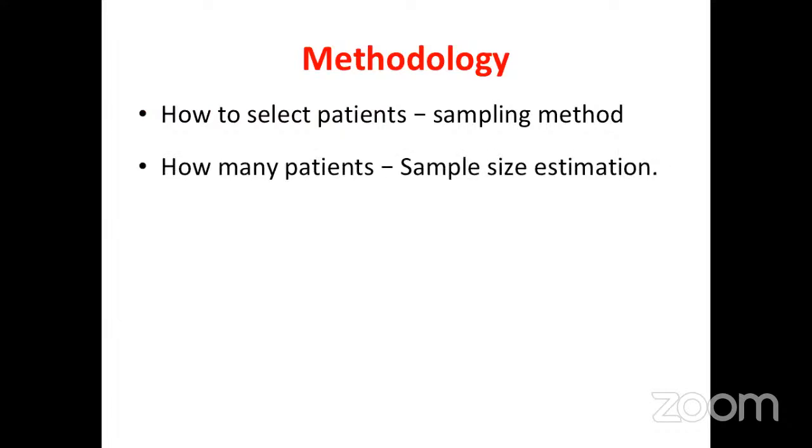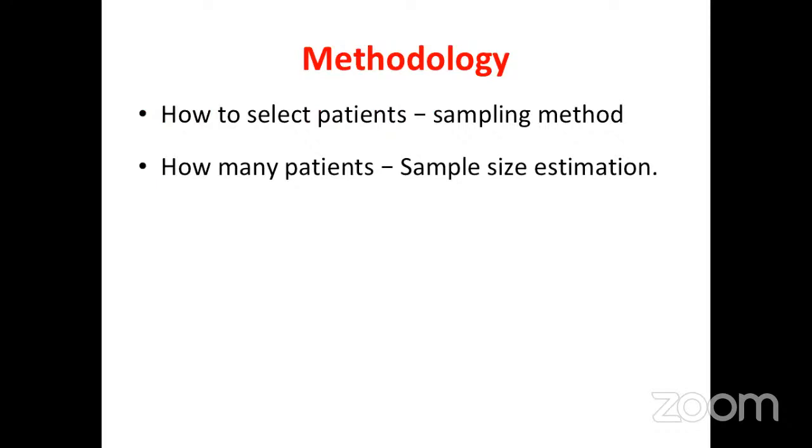Once you're done with all these things, now you are going to select the patients. Now, how do you select the patients or the study population from the entire population? This is described by something known as the sampling method. The sampling method describes how you are going to select the patients for your study. Then, once you select, how many of them are you going to select?